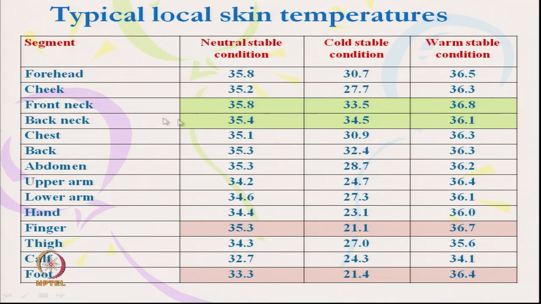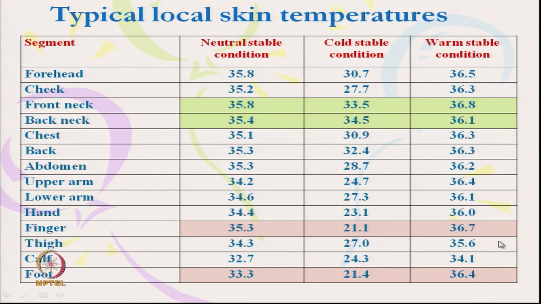Similarly, in summer the temperature is high. In the warm stable condition, the front and back neck is around 37 degrees Celsius, and the finger, which was 21 degrees Celsius in the cold, is very high in warm condition.